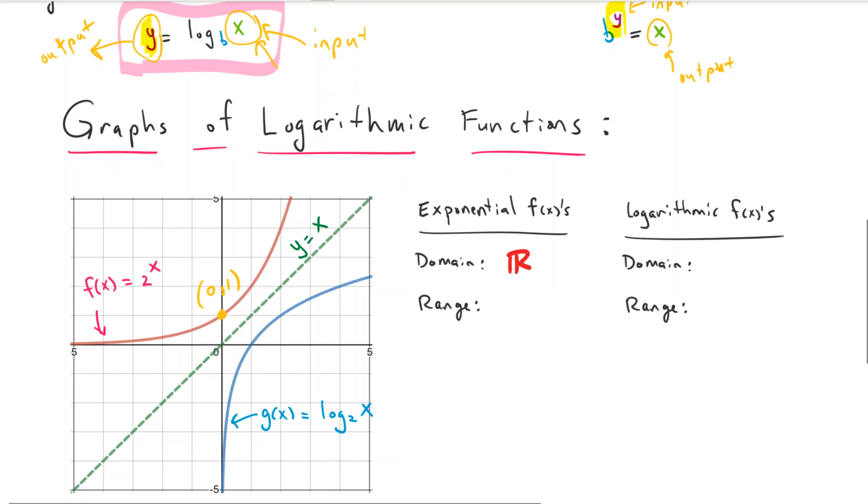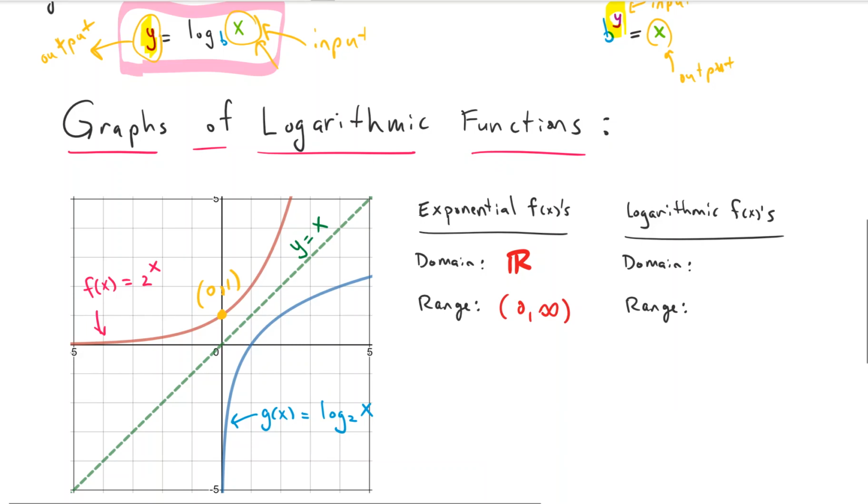Well, we can see that we don't have anything down here in the negative y values, and we know from our previous study of exponentials that the range is going to be 0 to infinity.